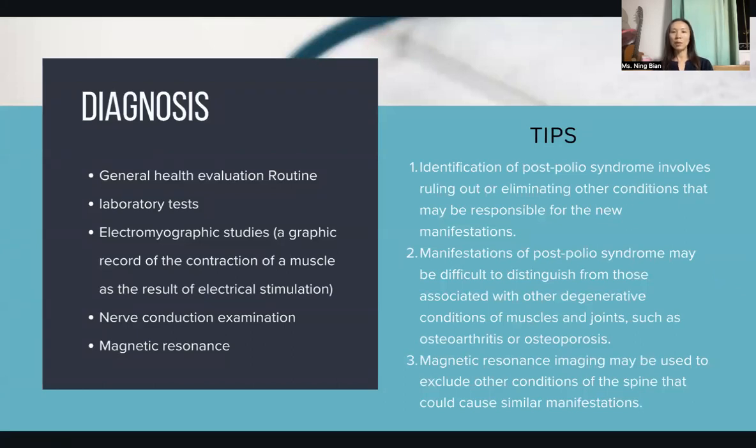The first, identification of post-polio syndrome involves ruling out or eliminating other conditions that may be responsible for the new manifestations. The second, manifestations of post-polio syndrome may be difficult to distinguish from those associated with other degenerative conditions of muscles and joints, such as osteoarthritis or osteoporosis.